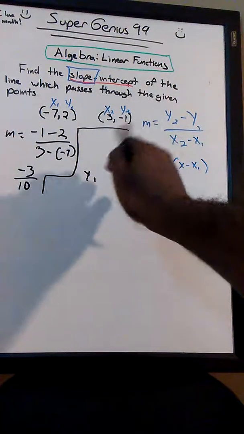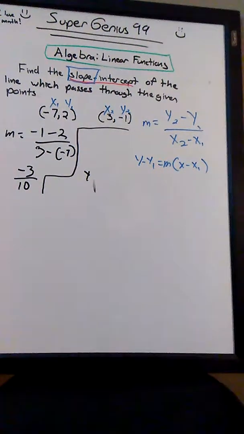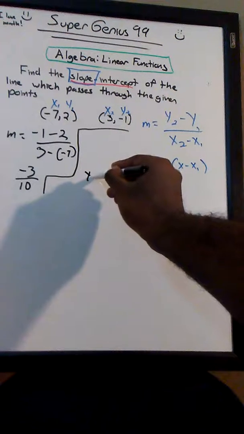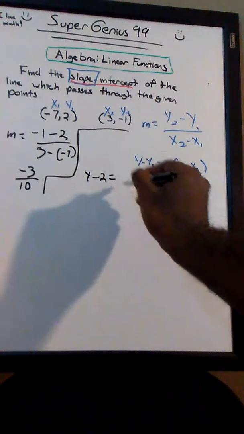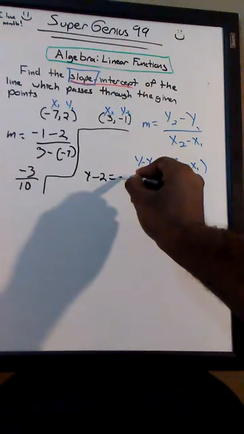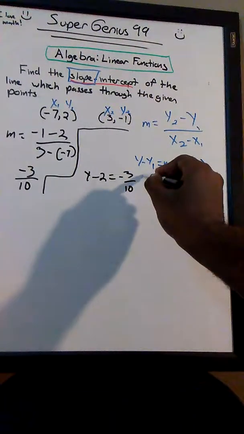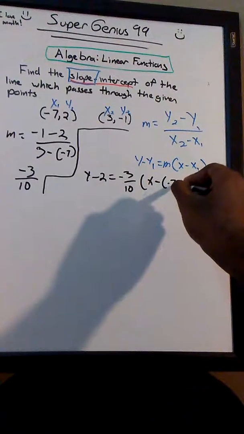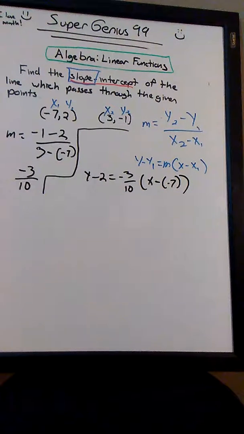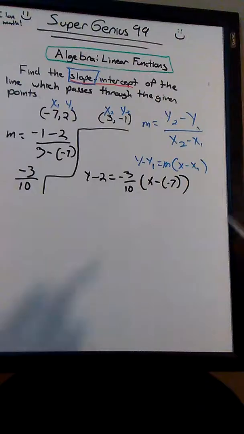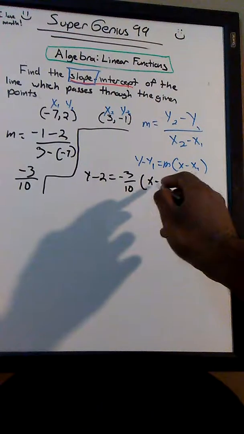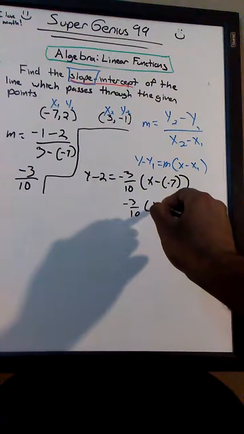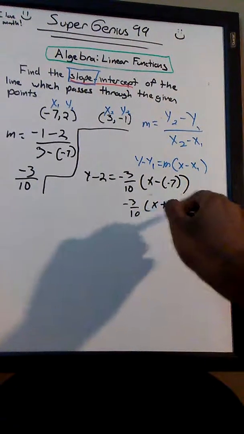So we could say y minus our y1, which is 2, is equal to m, which is negative 3/10, times x minus x1, which is negative 7. Okay, so you do this, change the signs, that becomes negative 3/10 x plus 7.